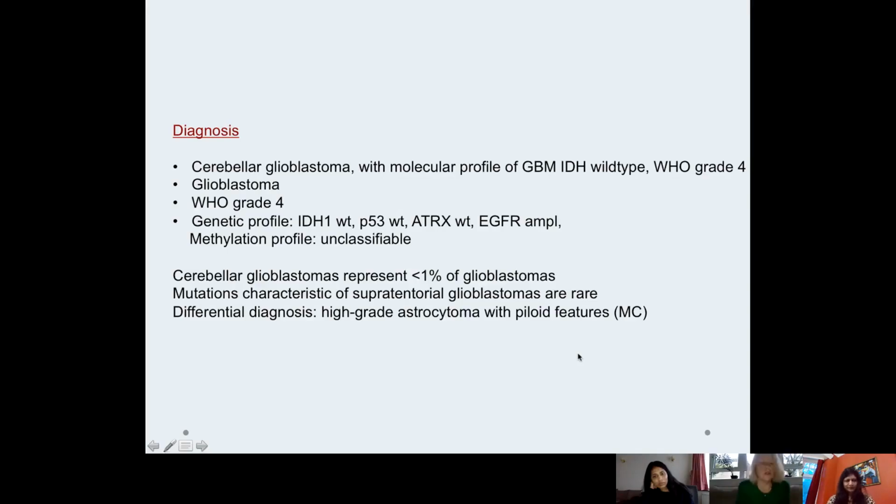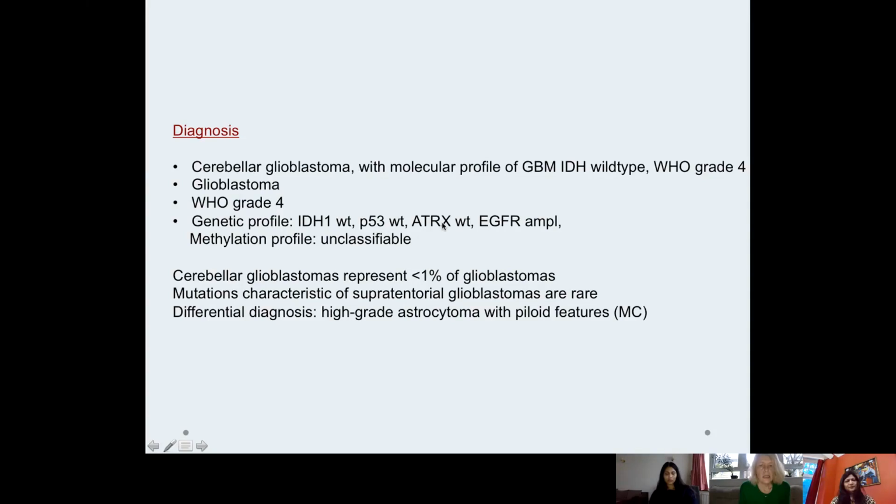So the histological diagnosis here for me was of a glioblastoma, grade 4. We have the frequent mitotic figures, the high proliferating index, and the microvascular proliferation, with a genetic profile that is IDH wild type, P53 wild type, ATRX wild type.